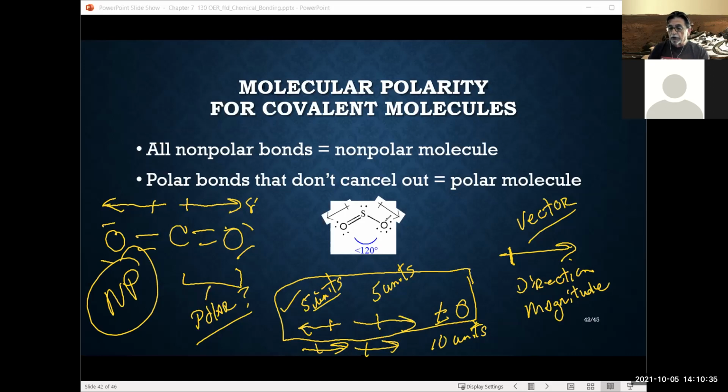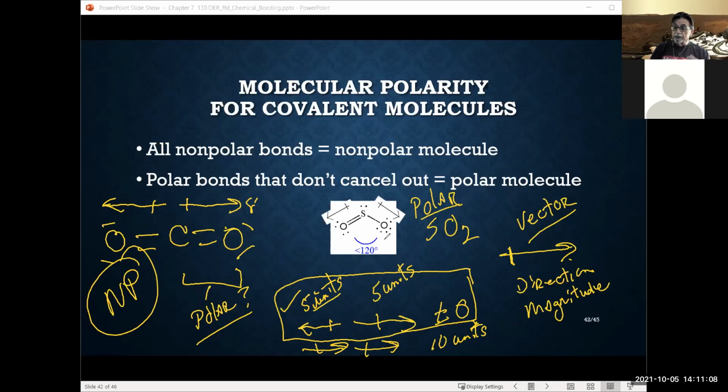Sulfur dioxide, what we talked about earlier, we have a polar bond. But guess what? Because of those lone pairs on the central atom, that shifts the bond angle to much less than 120. It's not exactly linear like carbon dioxide. It shoves it down. We end up with a polar compound because the dipoles of each bond did not cancel out.